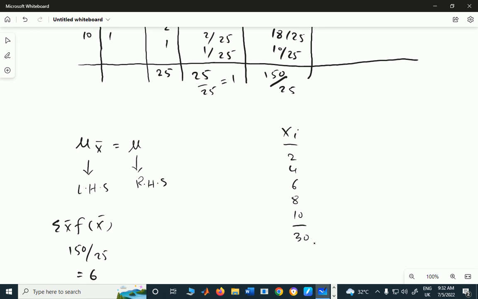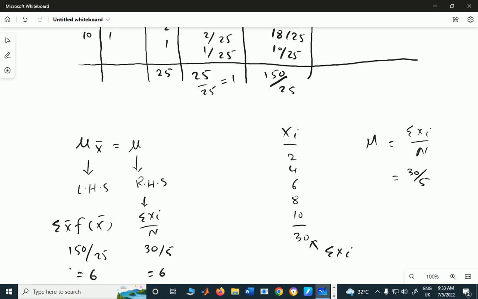This 30 is summation x i, and mu, you know, mu is equal to summation x i divided by capital N, and summation x i is equal to 30 and N is equal to 5. So, this is equal to summation x i divided by N, or 30 divided by 5, or this is also equal to 6.